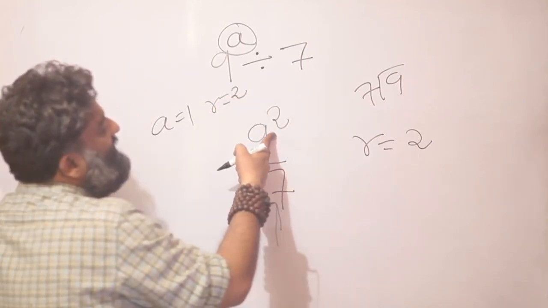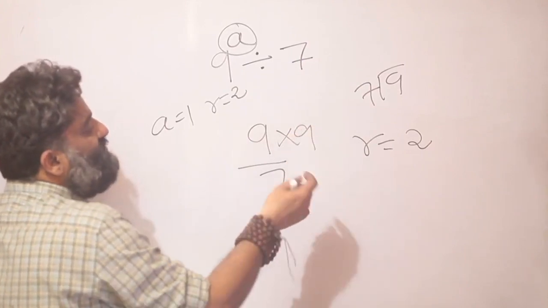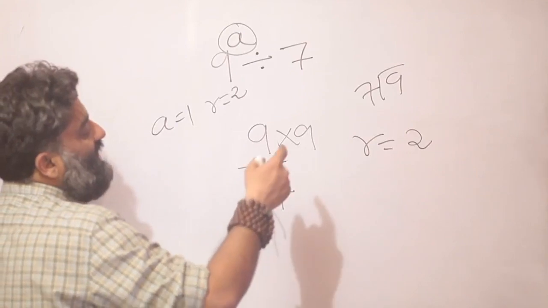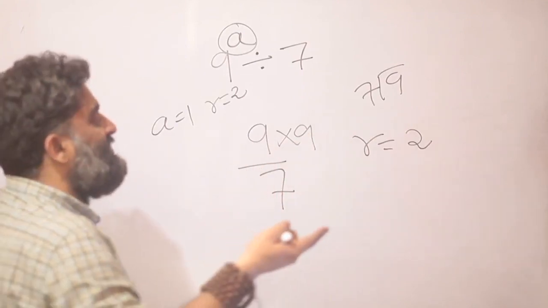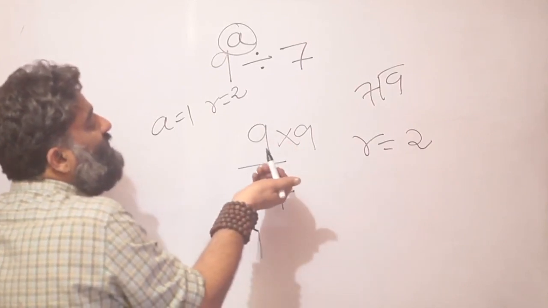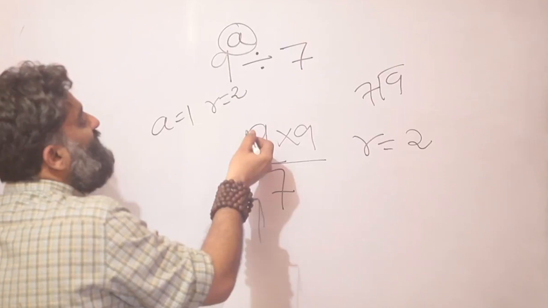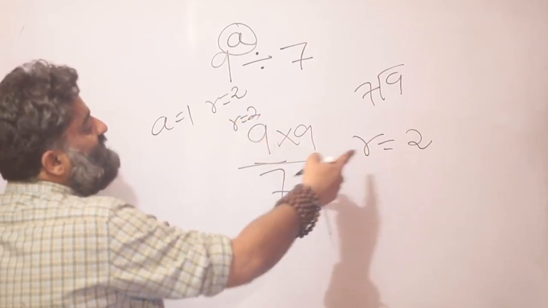If I make it 9 square, and even this should not be too difficult, no extra logic should be needed. 9 into 9 is 81. 81 by 7, the remainder would be 4. Try it out for yourself. Or this is what we have learned in the previous session, that the easy way of doing this would be, think of individual remainders. This 9 has a remainder of 2, as we just found out.